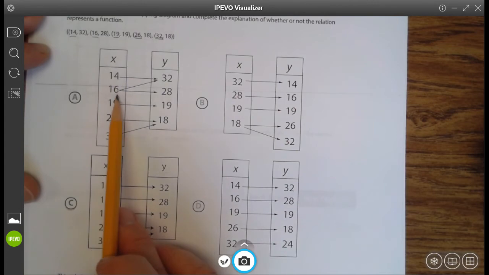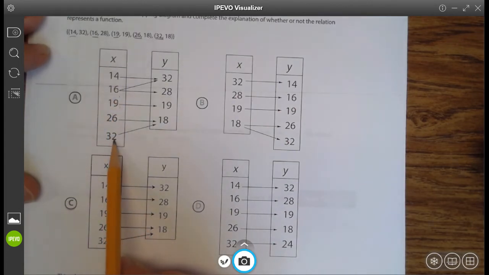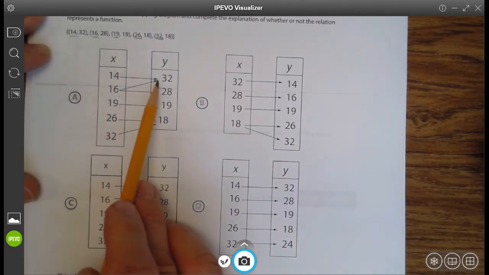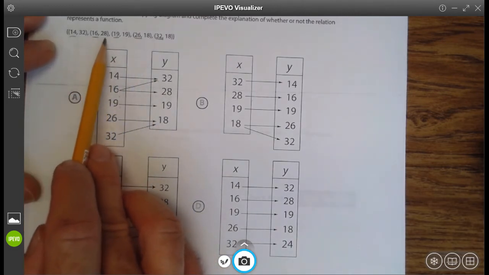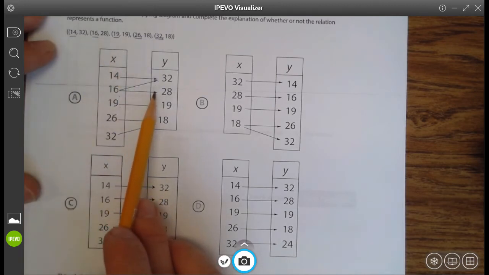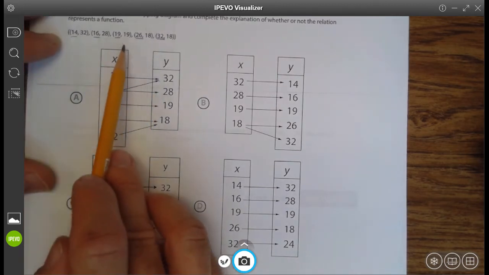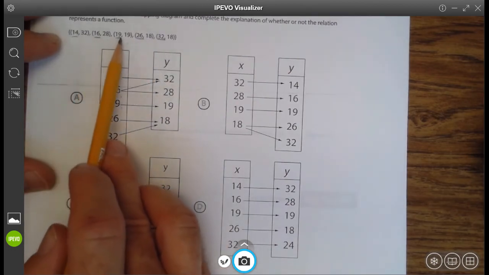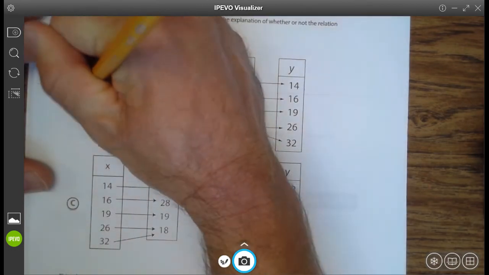So those are okay. Now 14 goes with 32. That's okay. 16 goes with 28. I only see 16 once, so it's not A.